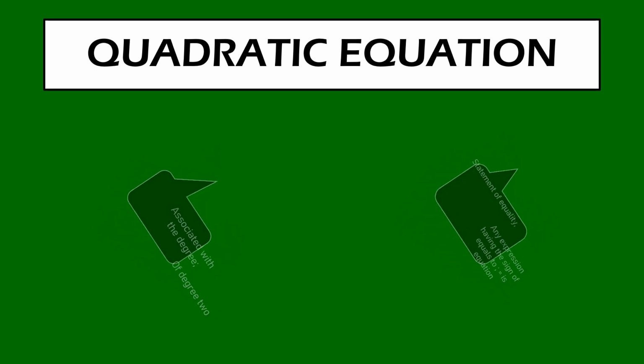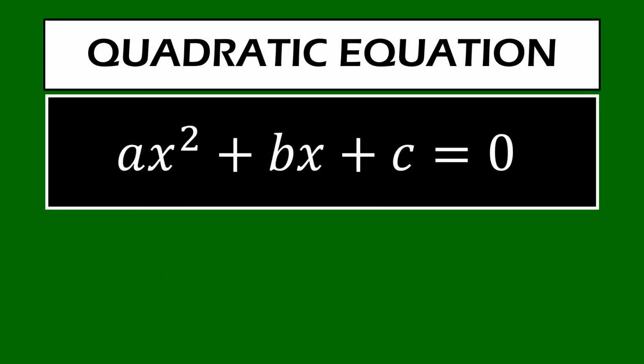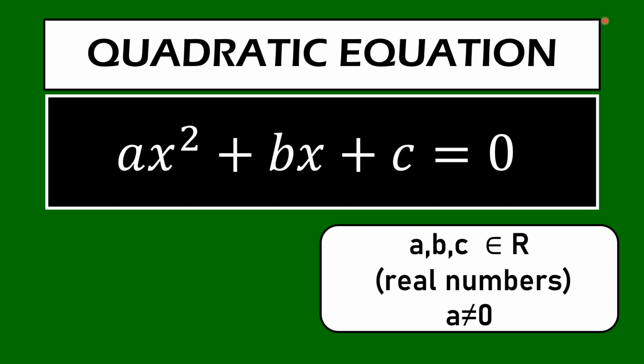So in this particular chapter of class 10th, any expression which can be rearranged in this form, ax square plus bx plus c equals to 0, is a quadratic equation, with the condition that a, b and c are real numbers and a is not equal to 0.